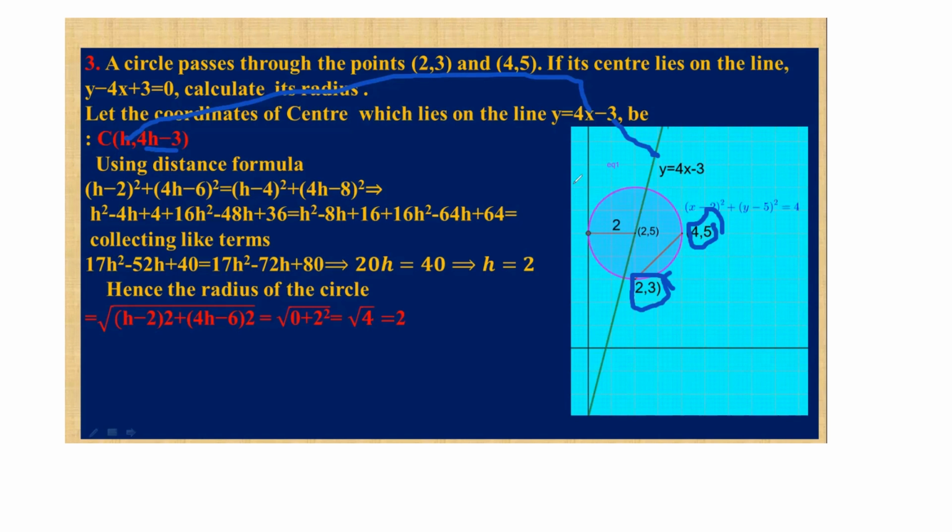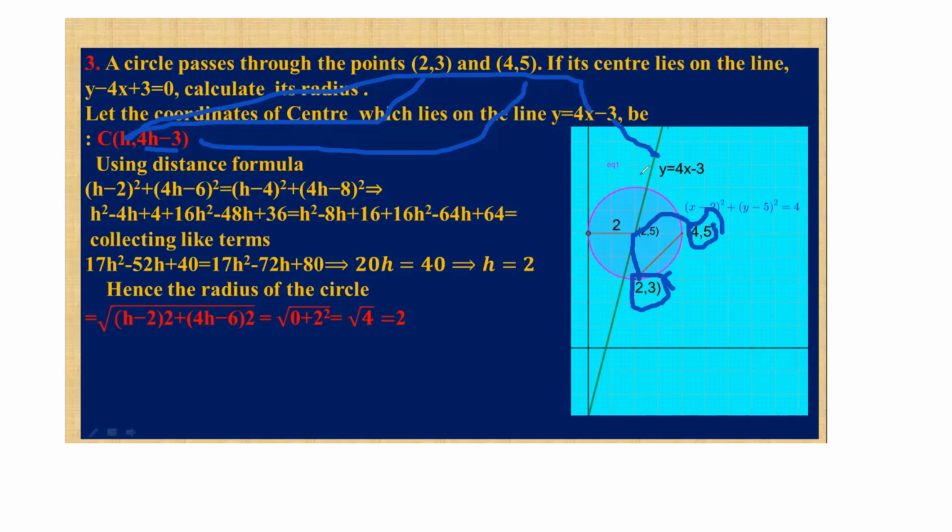That is, the distance from the center C to (2, 3) equals the distance from the center to (4, 5), because they are both the radius of the circle.